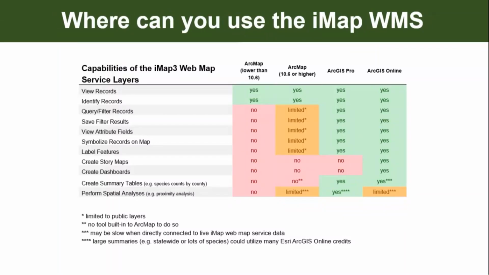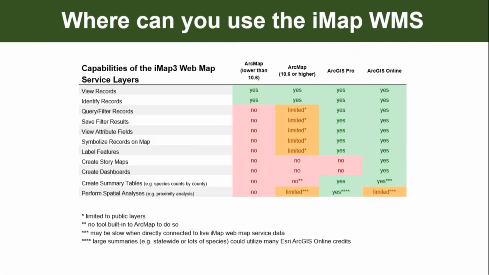So like I said before, you can use the web map services in a lot of different ArcGIS platforms. What you can do kind of varies from platform to platform. So ArcGIS Pro and ArcGIS Online, you can do pretty much everything you would want to do in one of those platforms with the web map services, with some limitations. For ArcMap, it kind of depends. So if you're 10.6 or higher, there is a lot that you can do with the web map services.